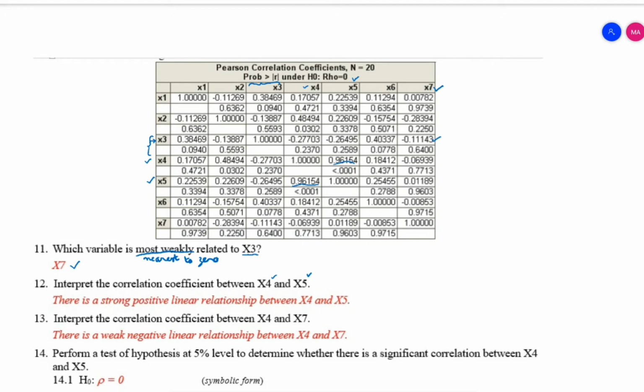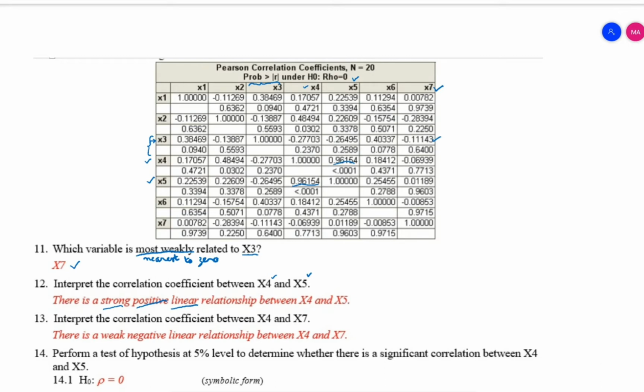Therefore it is positive. Nearest to 0 is weakest, therefore farthest from 0 is strongest. So you say very strong or just strong. Strong and positive linear relationship between H4 and H5.